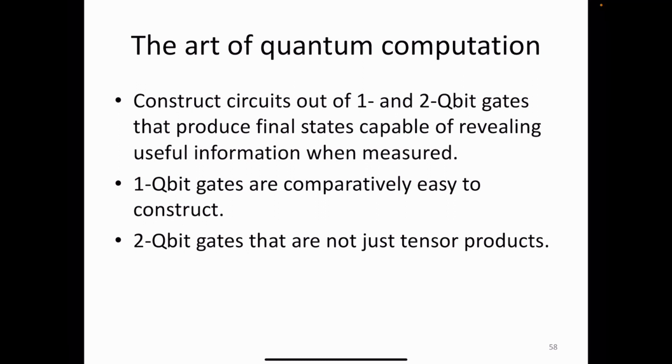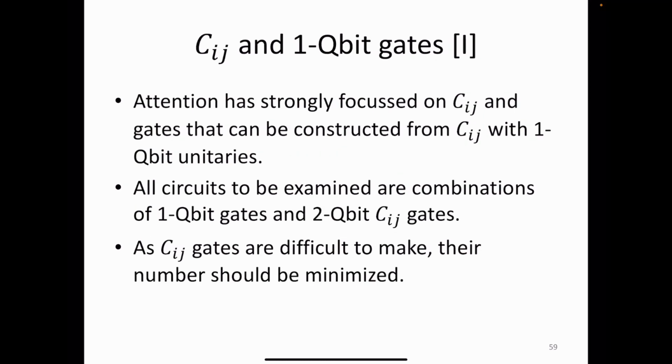That's very important because these systems are very sensitive to interactions, be that influence from the environment, their own irrelevant properties, or the execution of unitaries, of transformations. 1-qubit gates are comparatively easy to construct, and 2-qubit gates are not just tensor products. We'll have a closer look at that.